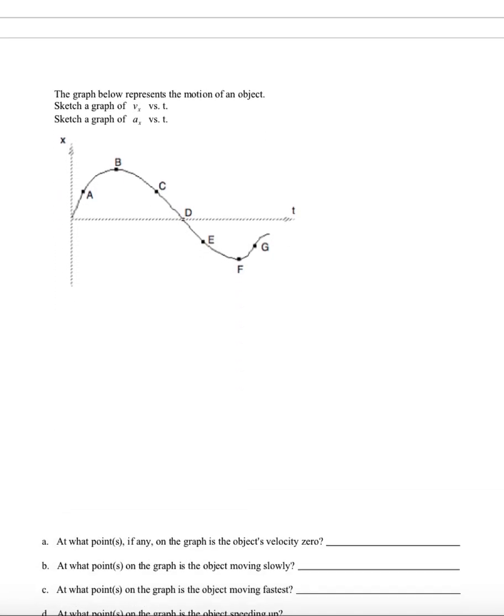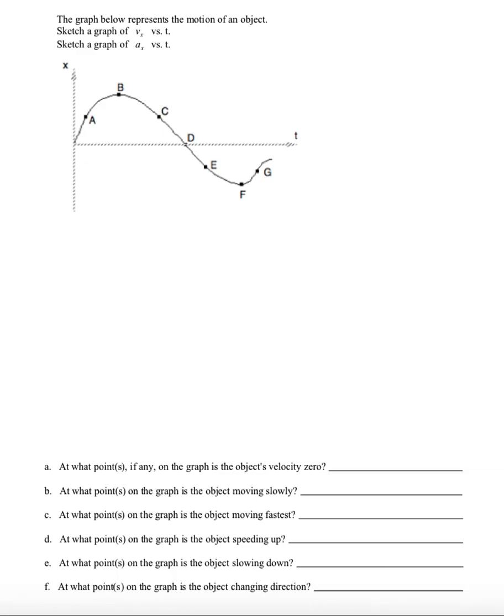So let's take a look at our graph. Where do we have a minimum and where do we have a maximum? Right here at point B, this is what's called a local maximum.